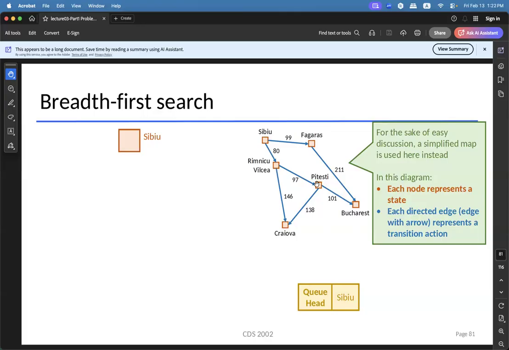That means the agent can transit from Mutual VCHA to P-test, but the other way around doesn't work. The agent cannot transit from P-test back to Mutual VCHA. The 97 next to this edge means that the agent needs to take a cost of 97 to transit from Mutual VCHA to P-test.